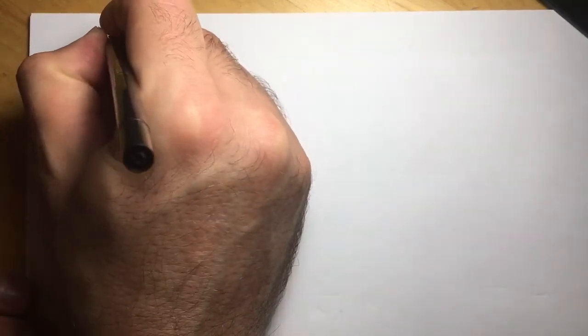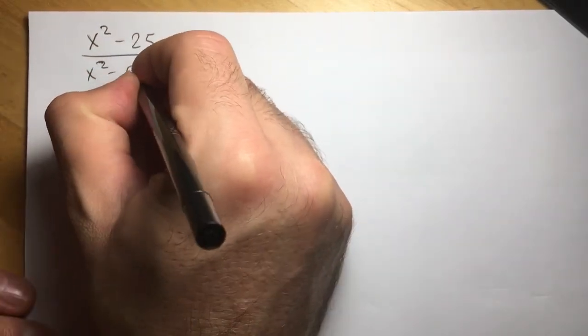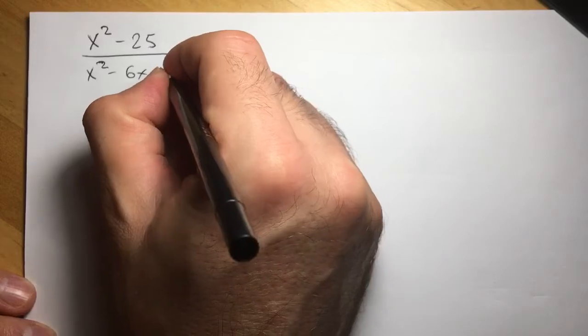So far, in the examples that we did, the numerator and denominator in the rational expressions were already factored, but that's not going to be the case usually. So we have x squared minus 6x plus 5.